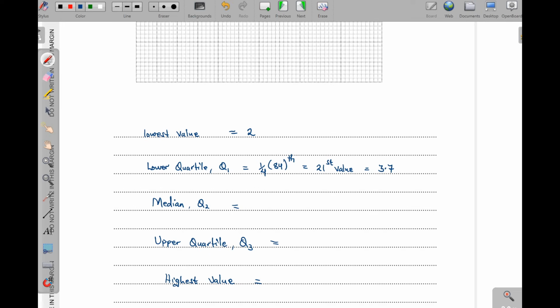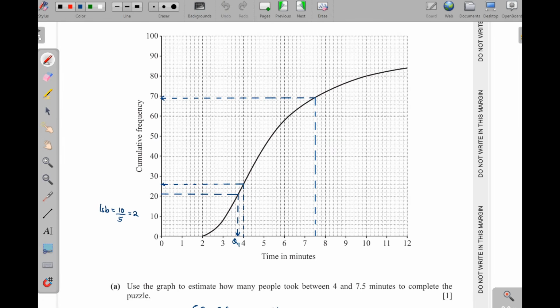And then the median is the number that divides the given distribution into 2 equal parts. So a half of 84. This one is going to be 42. Yes, so the 42nd value. Then we go here and we look for 42. So 42 is just here, one small box above 40.